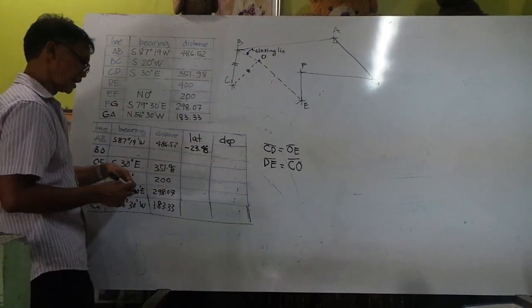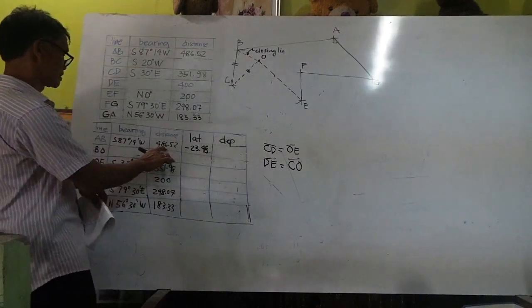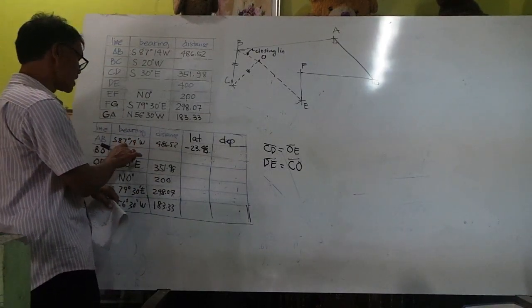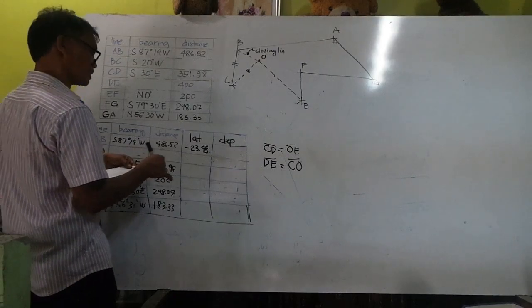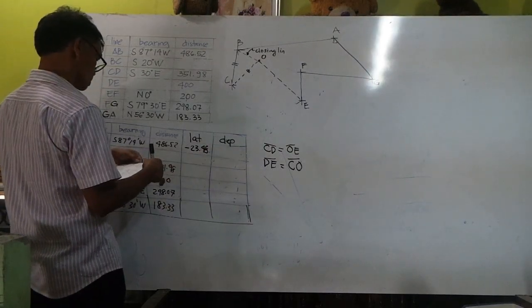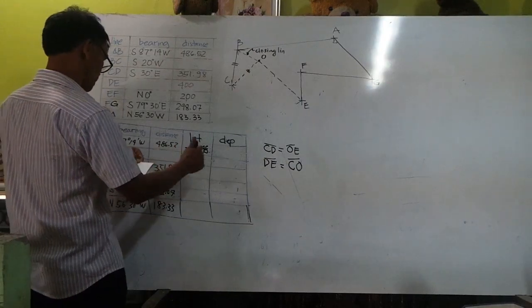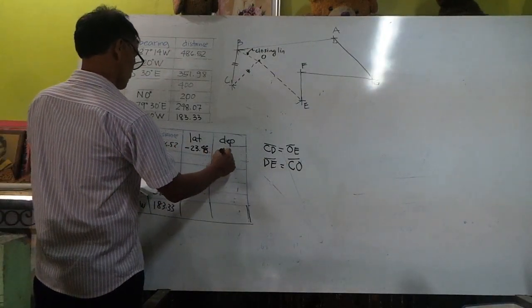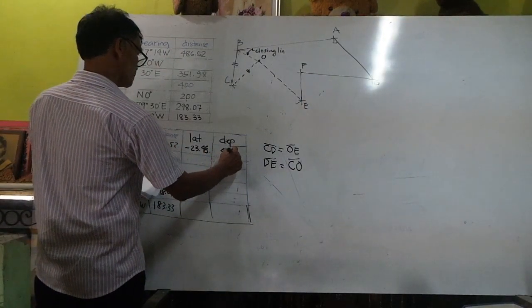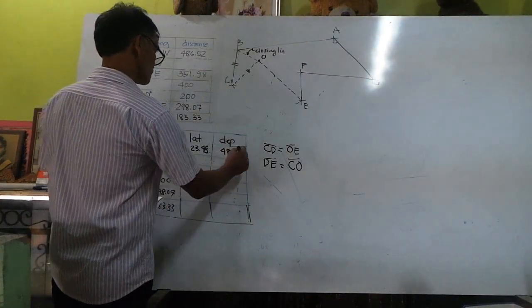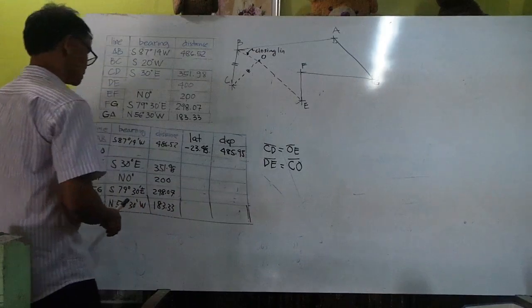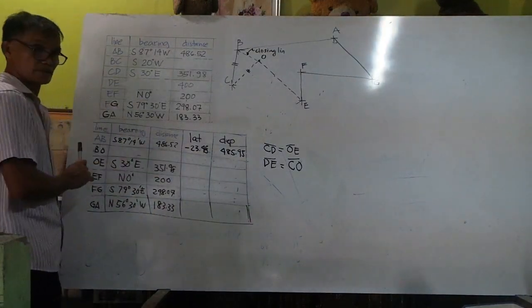Okay. Then the distance times the sine of the bearing will yield a departure. So you will have the departure for AB, you will have 485.95. Okay, take note again of the direction.